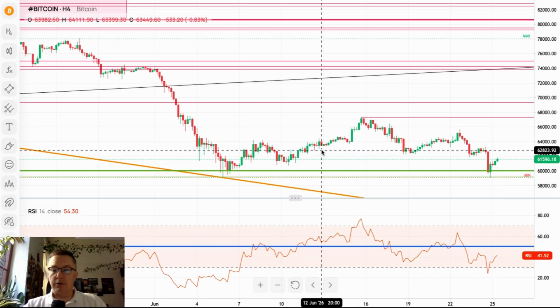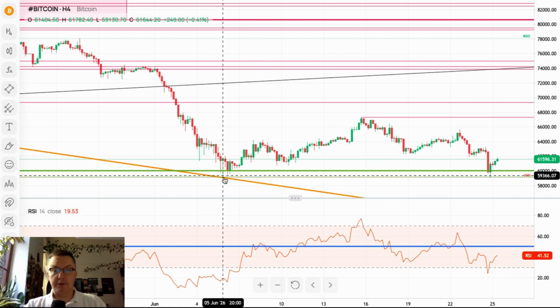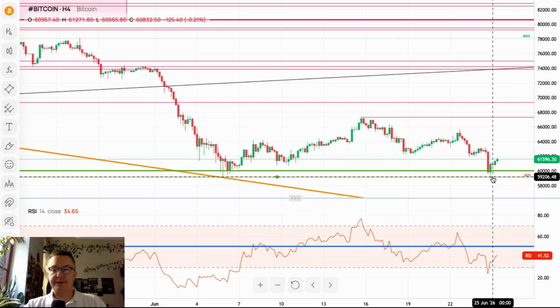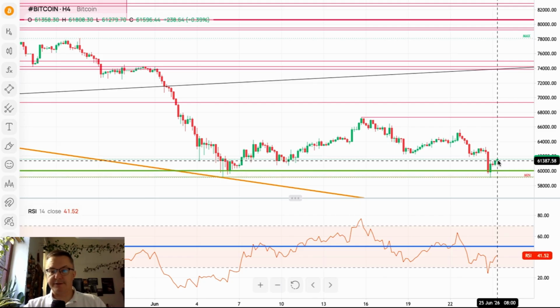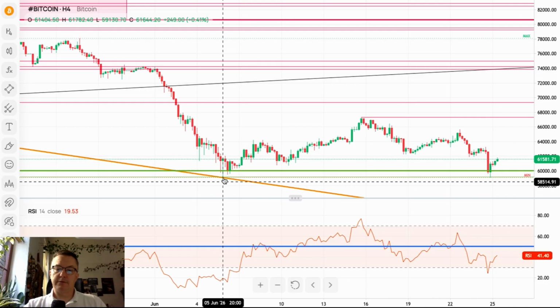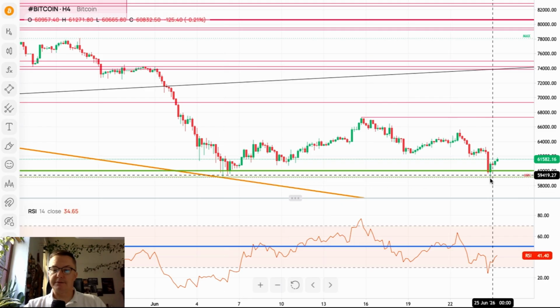Now Bitcoin goes for the lows from the beginning of June, 59,130. Just tested this level and bounced a little bit. We need to break back above 62,293 in order to confirm some sort of temporary low is in place, right?